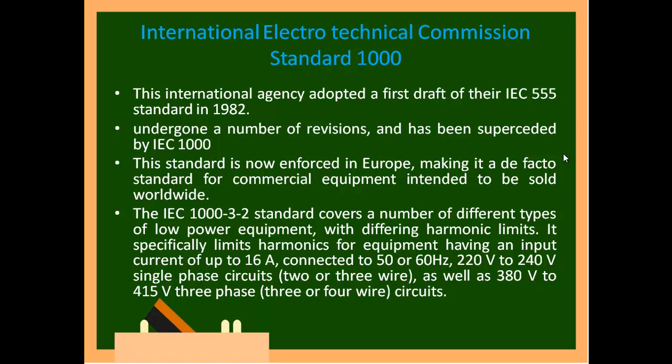It specifically limits harmonics for equipment having an input current up to 16 amps, connected to 50 or 60 hertz, 220 volt to 240 volt, and a maximum of around 415, which is nothing but three-phase. So the thing you have to remember is that IEC standard 1000 series 3-2 is for low power equipment. If they ask for a one mark or two mark question, they will ask for low power or medium power. For high power, no, you have to say it is for low power equipment.